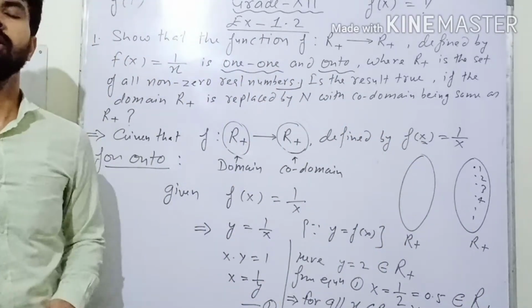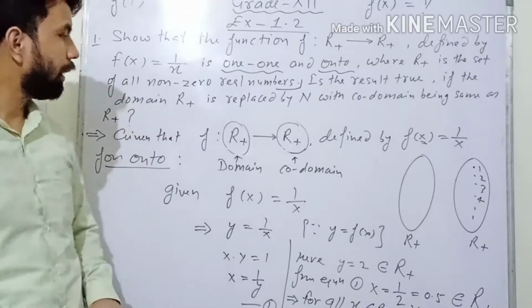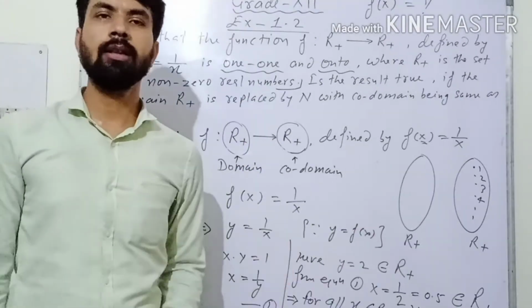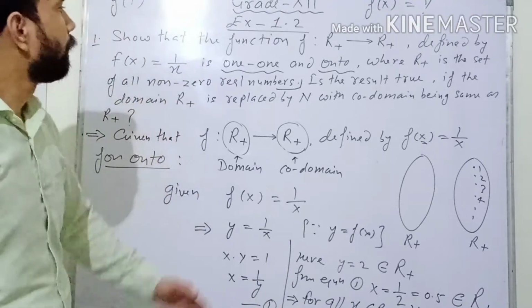Clear? So by this method we can prove that the given function is 1-1 and onto.